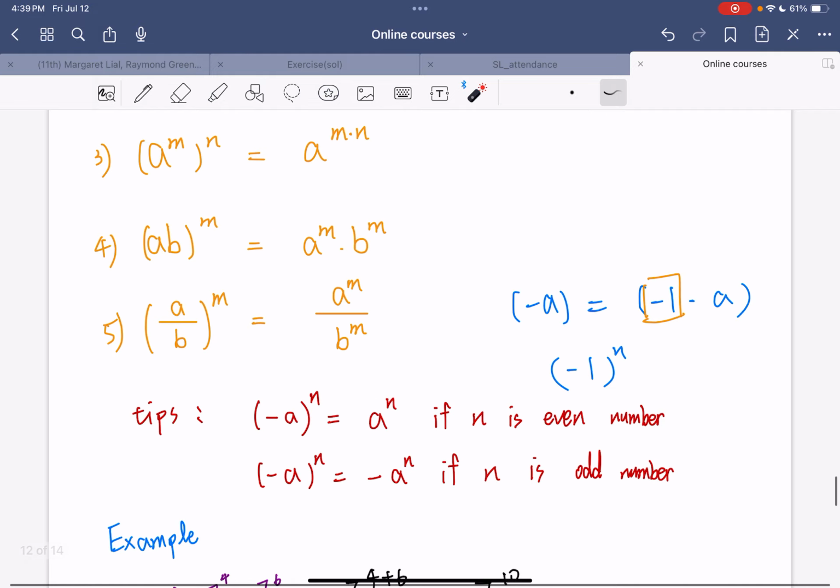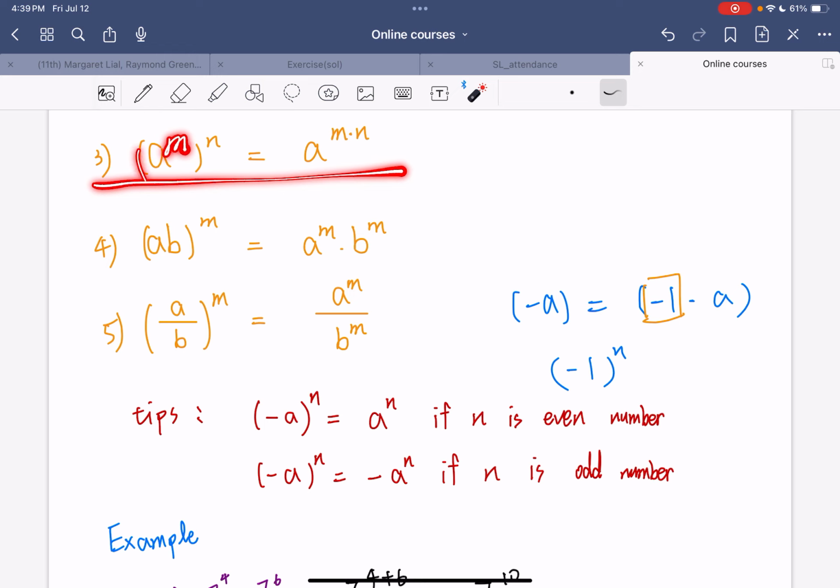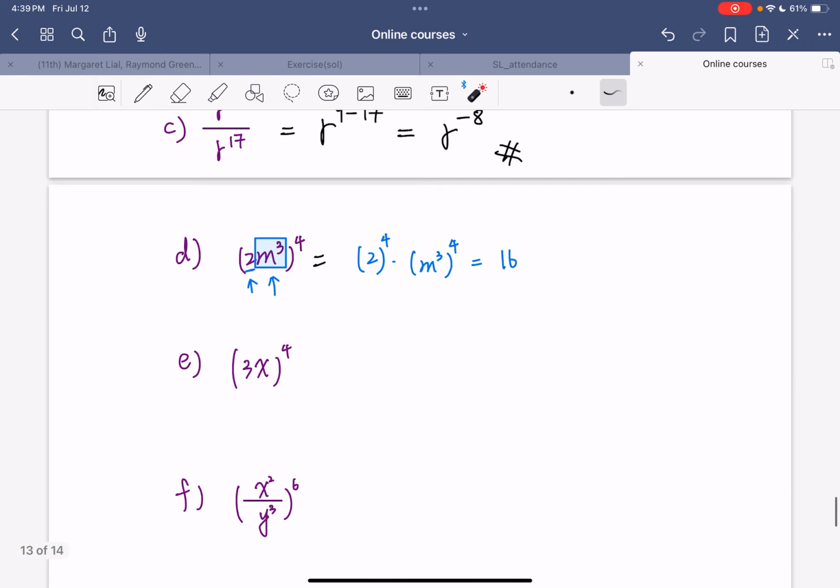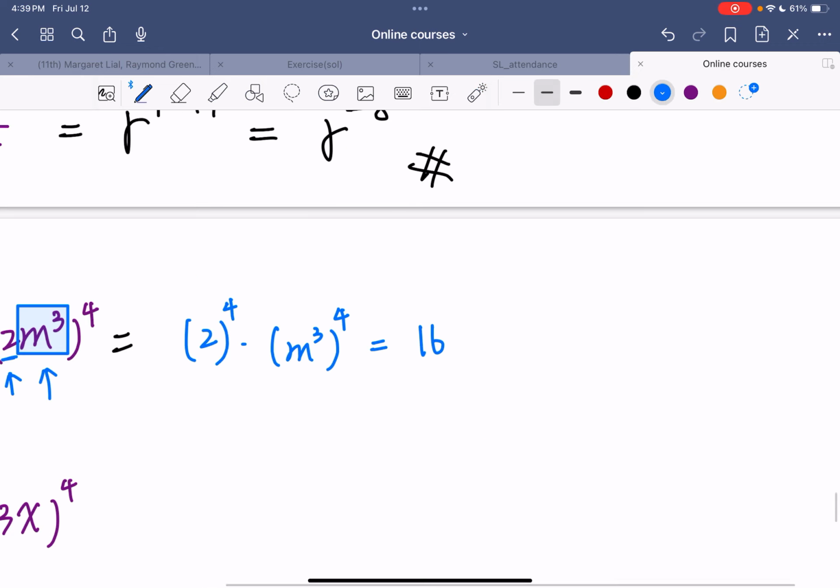So property 3 tells us, okay, inside the bracket we got an exponent, outside the bracket we got another exponent. When we are doing the calculation, the base is the same, we multiply the 2 exponents, one inside, one outside. So here we're gonna times this, 3 times 4, the exponent inside and the exponent outside, we times them together.